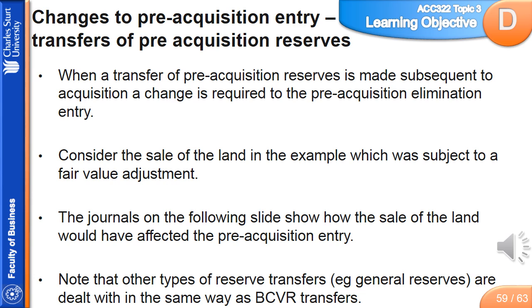And I think there's a discussion on the bonus share dividend on page 955, but there's also some more discussion on transfers of pre-acquisition reserves on pages 956, 957 of the textbook.